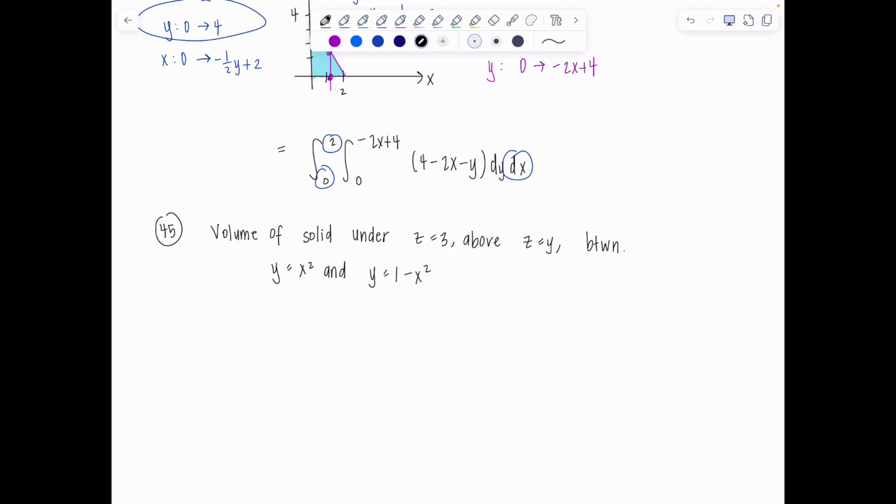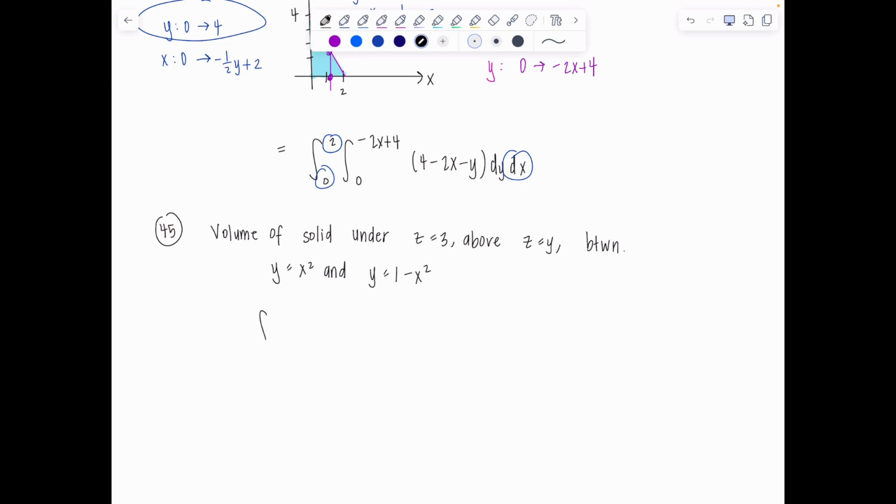Okay, so z equals 3, plane, flat like this. Z equals y, another plane like this. They're telling you it's the solid that's basically between those two planes that lives between these two parabolic cylinders. So those two parabolic cylinders are going to define the base region. And then the height, z, is going to be top function minus bottom function.